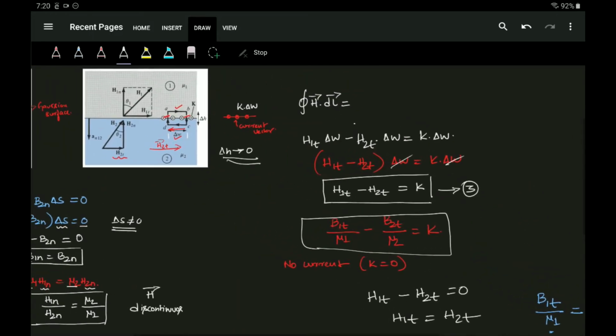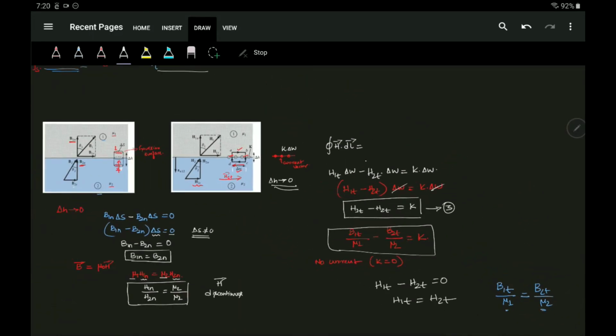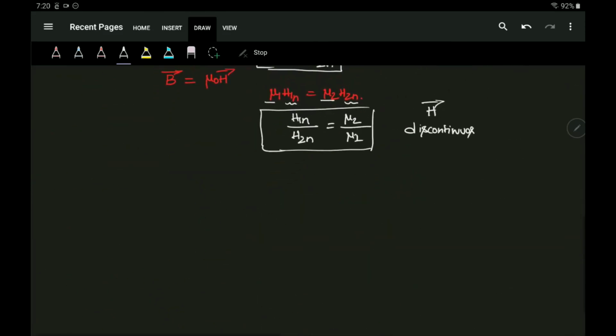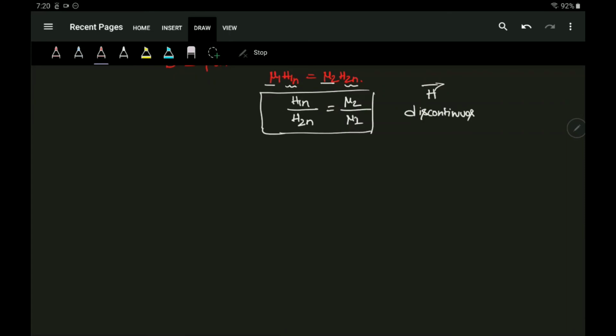Further simplifying, if there is a field flowing here, which we have again discussed, if I have a boundary something like this, and there is a magnetic field flowing through this, which makes some angle. So this is theta 1 you can think of, and this is theta 2.